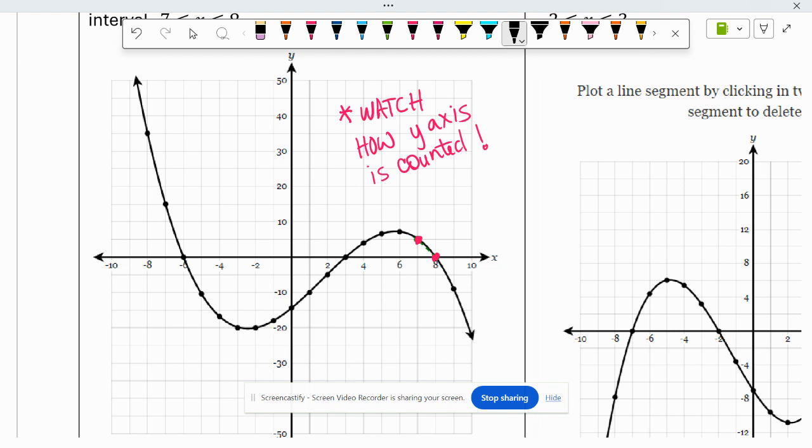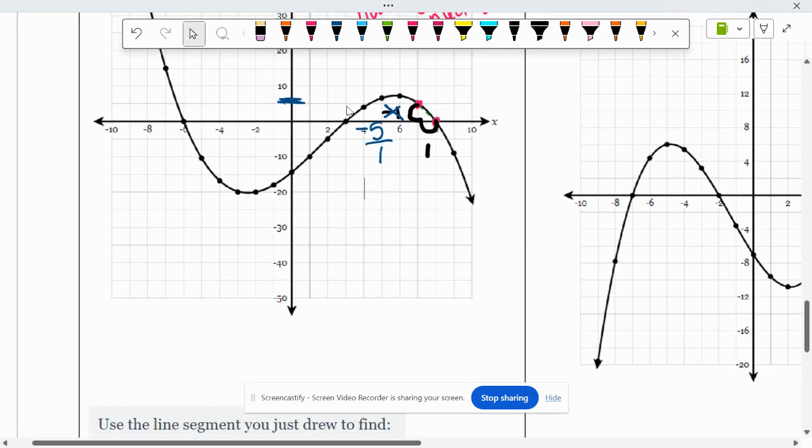Because it looks like I just go down 1 and to the right 1. But how is the axis actually being counted? What does this first grid line represent? Represents 5. So I'm not really going down 1. I'm going down 5 and over 1. So you got to look for that, okay?